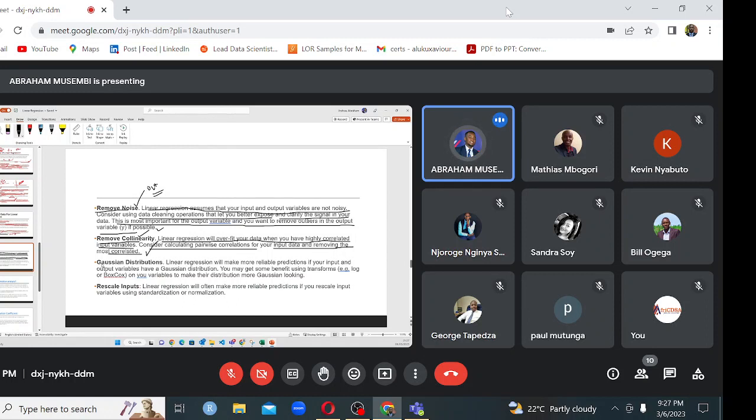Then we have Gaussian distribution. You should make sure that your error terms are following a normal distribution, that is, they are Gaussian distributed. Normal distribution is another name for Gaussian distribution, so Gaussian and normal are the same thing.